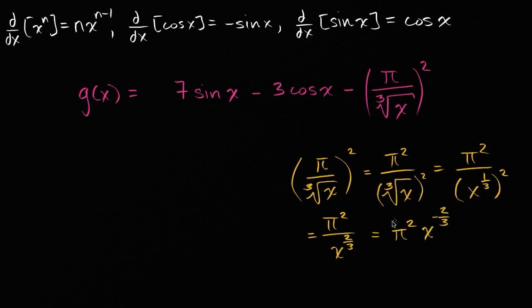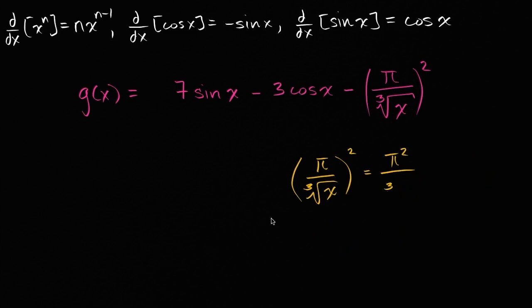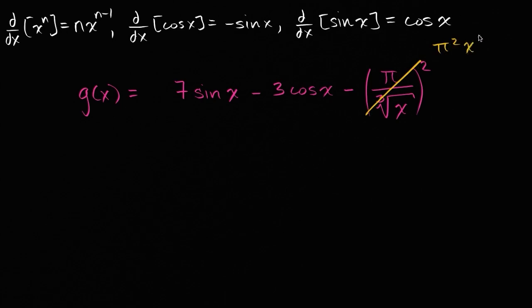So when you write it like this, it starts to get into a form where you're like, oh, I can see how the power rule could apply there. So this thing can be rewritten as pi squared times x to the negative 2/3 power.